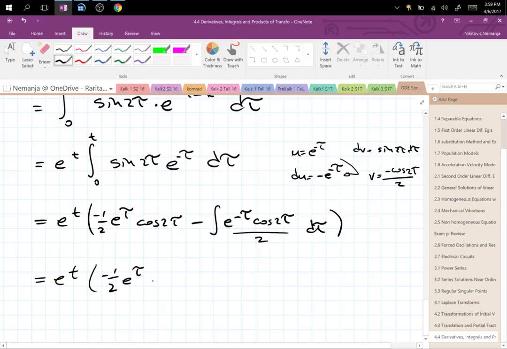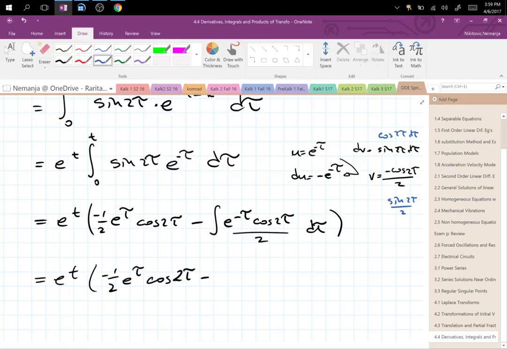1/2 e to the tau cosine of 2 tau minus, and now we still have more of the same, right? This is going to be cosine 2 tau d tau, which will give me positive sine 2 tau over 2. So what do I have?